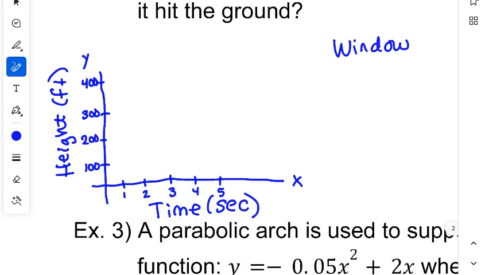Let's figure out our window. You'll always want to start at 0. So 0 is less than or equal to x. How far do we need to go? We can round. We don't have to put 4 point whatever. So we'll round that to 5.